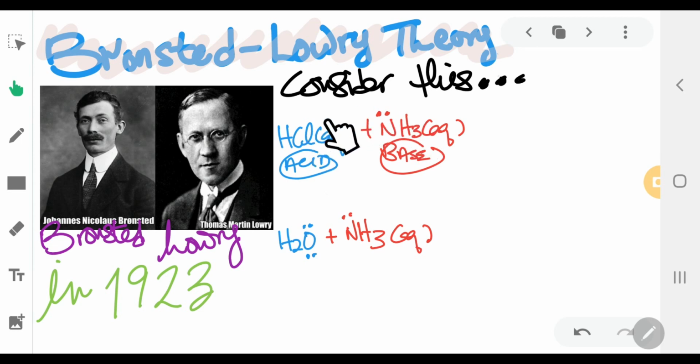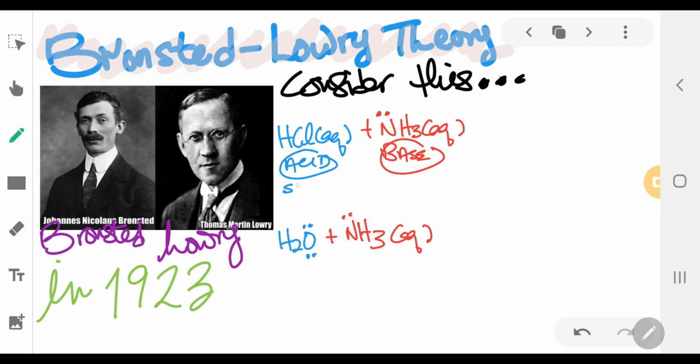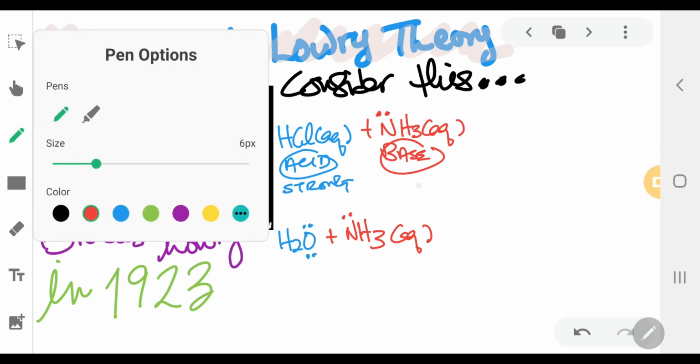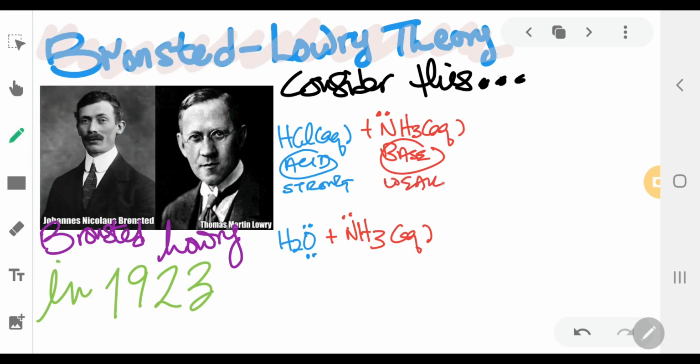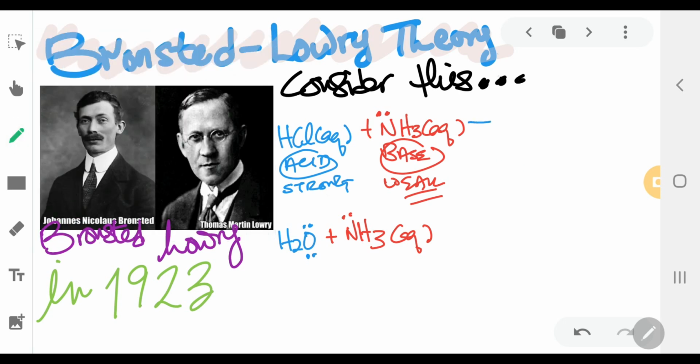Since we're dealing with strong acid and weak base, this is strong acid, and then we have weak base. We're also going to be using a reversible arrow like this.